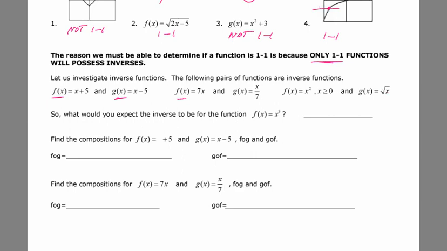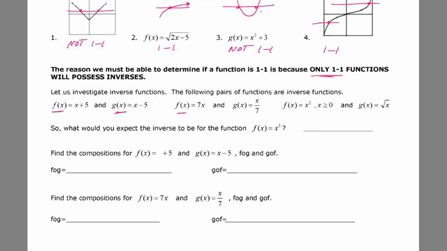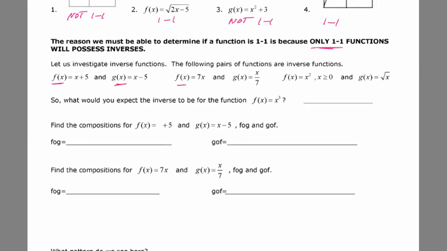Finally, the last two. We have to be careful. I've told you that x squared right here is a one-to-one function because I'm saying it has an inverse. But we just saw above that an x squared can't have an inverse because it's not one-to-one. It doesn't pass the horizontal line test. What we're going to do on these functions that aren't one-to-one is we will force them to be one-to-one by making some type of statement or some type of restriction after the function.